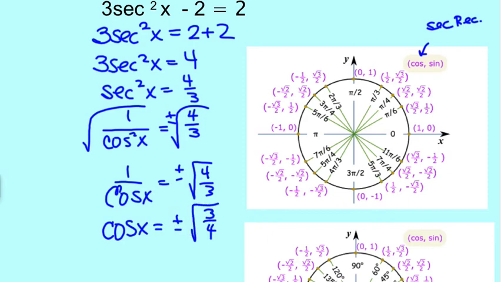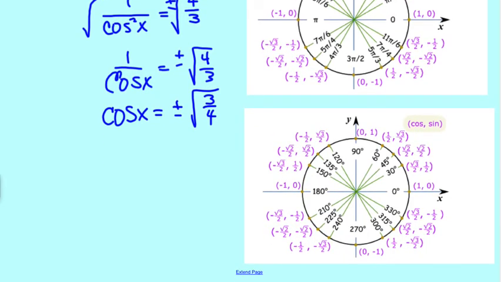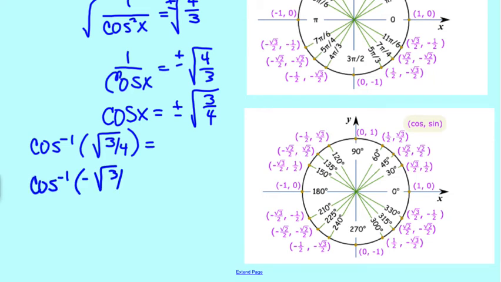So what we're going to do next is we're going to do inverse trig with our calculator. And we'll just have it in degree mode again. So we want to take the cosine inverse of square root of 3/4 and cosine inverse of negative square root of 3/4.